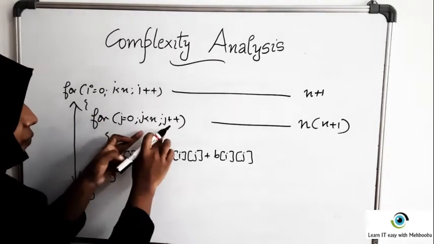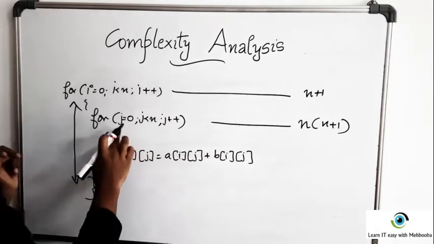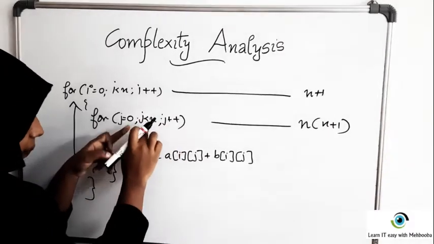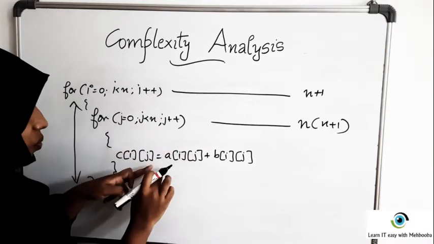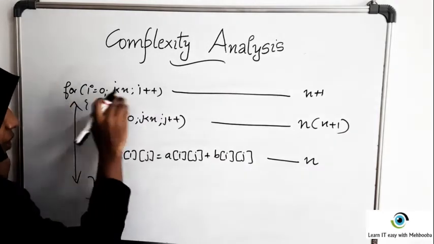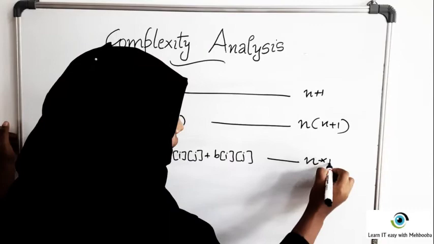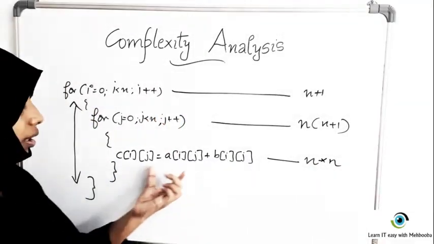This inner for loop will be running n plus 1 times. Under the influence of this for loop, this will run n times, and under the influence of this main for loop, again it will run n times. So n into n will be the number of times this inner code runs.